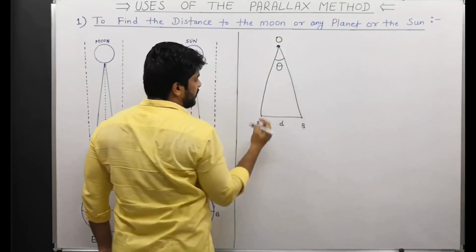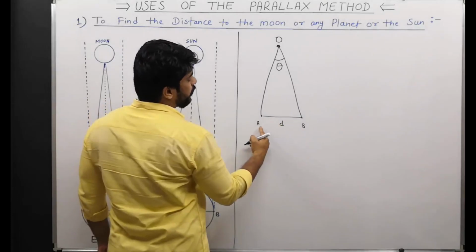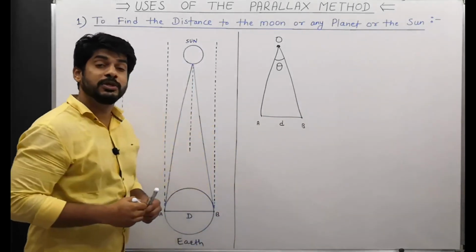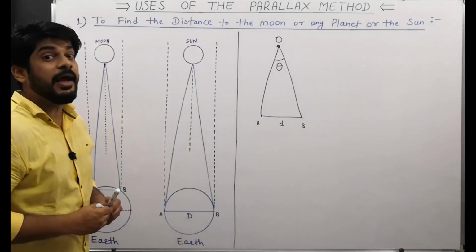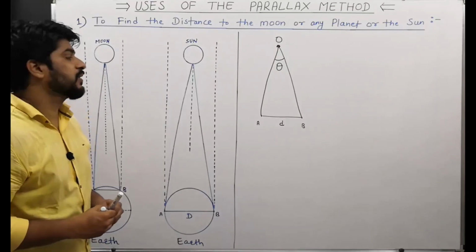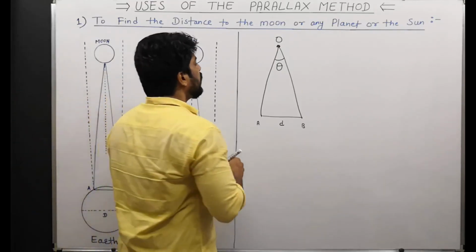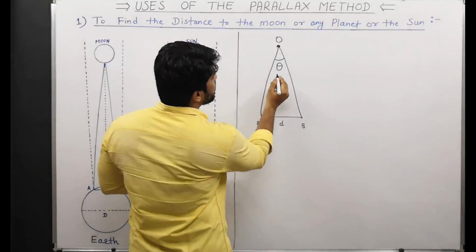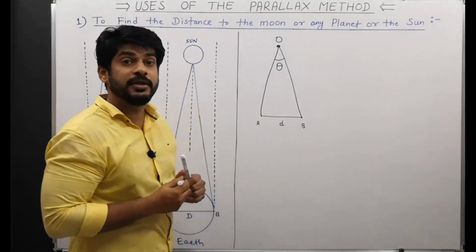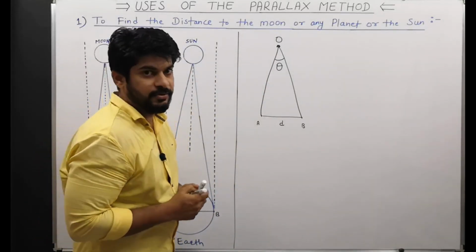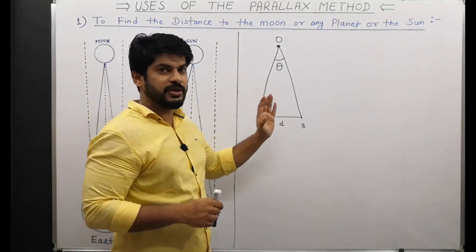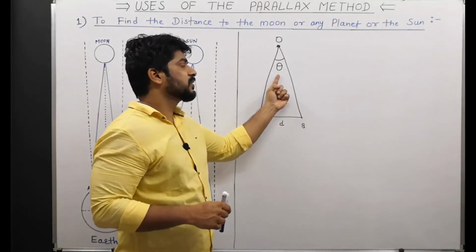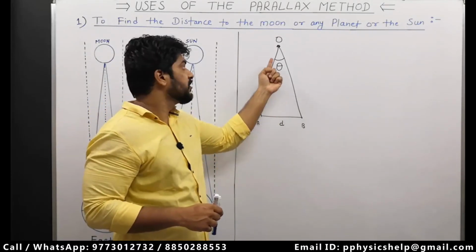Let's say this is our object and we are observing it from A and B. Now over here you can see there is a certain angle. This angle is called the parallax angle. I'm not talking about the whole process right now, just see, this is the parallax angle in this case.